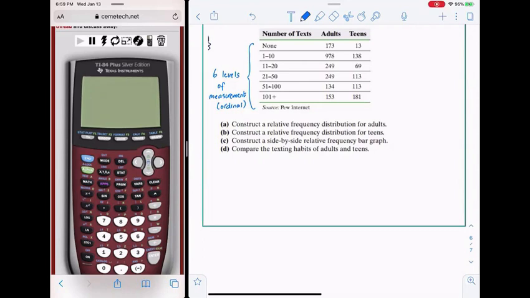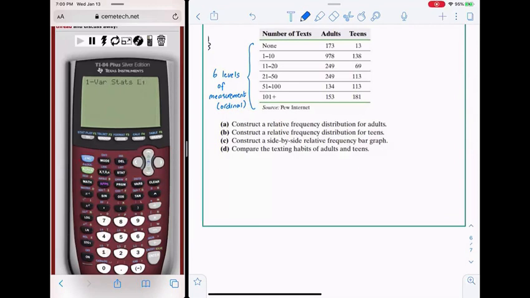Now, if you press start, go over to calc, which stands for calculate, select one variable statistics, and press second 1.